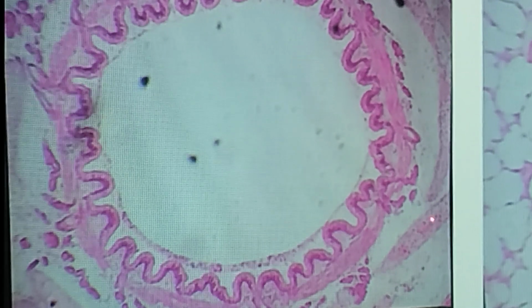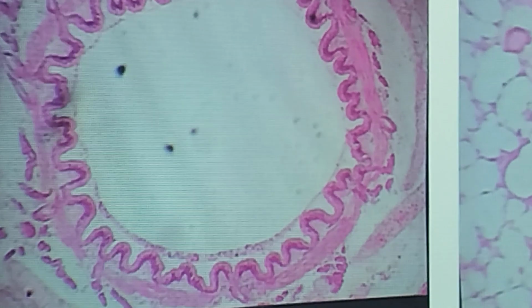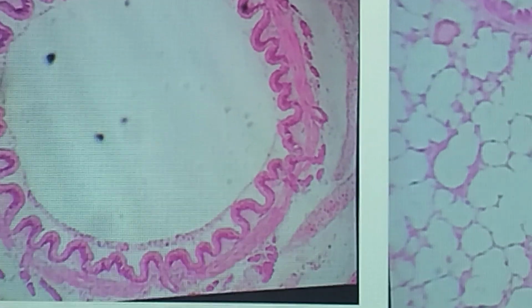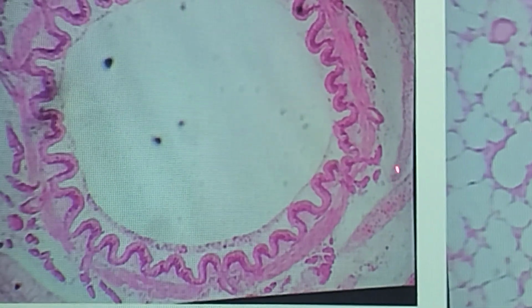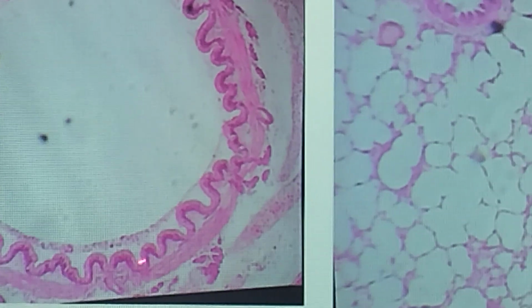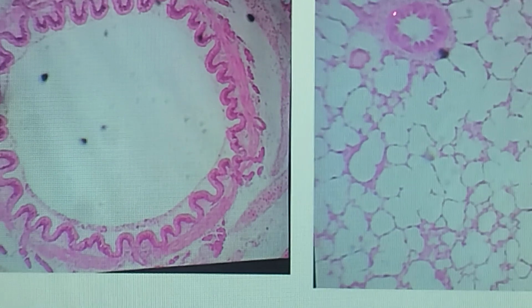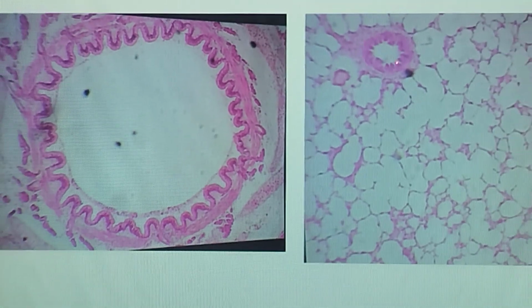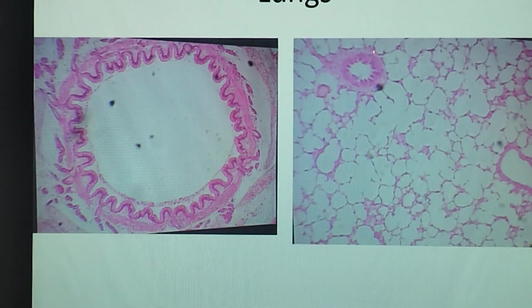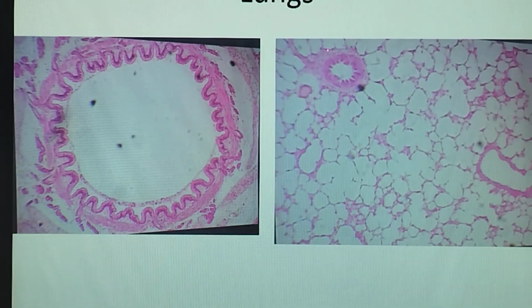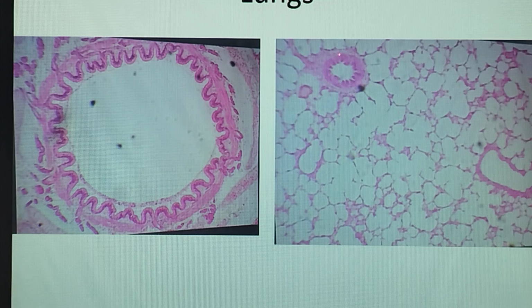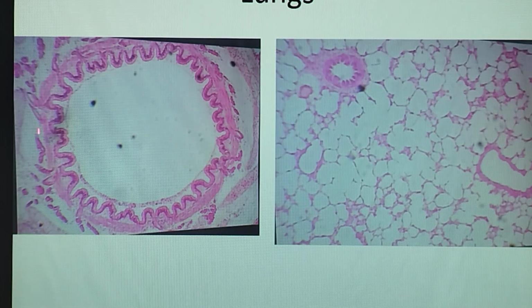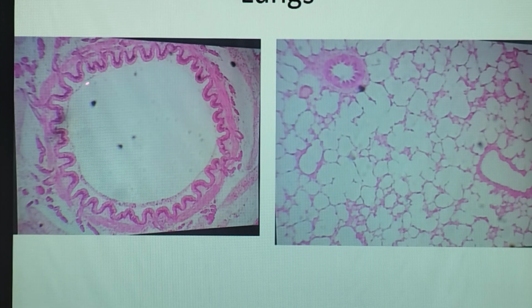Once you see the pieces of hyaline cartilage surrounding, that is a very important distinguishing feature between an intrapulmonary bronchus and a bronchiole. The bronchiole is much smaller in size, but there are no pieces of hyaline cartilage, whereas in the intrapulmonary bronchus you have pieces of hyaline cartilage and the lumen is quite large.